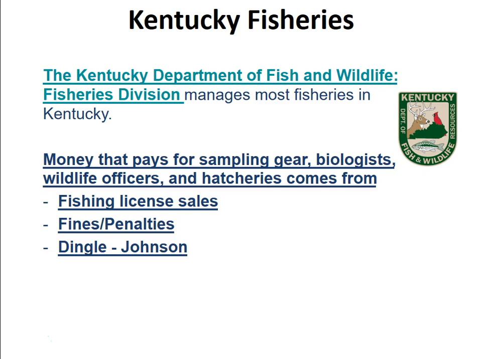So if you buy a boat, or if you buy fishing tackle, or if you fill up your gas tank at a marina, there's a small tax on all of these things that go into a fund, and that fund is then distributed to states depending on their need. So some money comes from the Dingell Johnson Act fund to support the management of fisheries within a state.